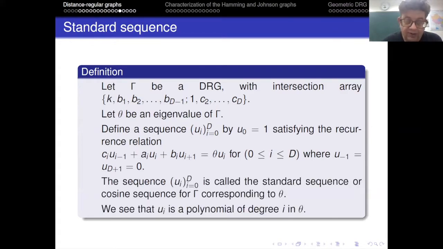The sequence u_i is called the standard sequence or cosine sequence for gamma corresponding to theta. I will give an explanation why we call it the cosine sequence later. The more standard notation is standard sequence, and it is sometimes important to notice that u_i is a polynomial of degree i in theta. This is the reason why the graph is called P-polynomial, but I'm sure that Paul Terwilliger will talk about this later today.